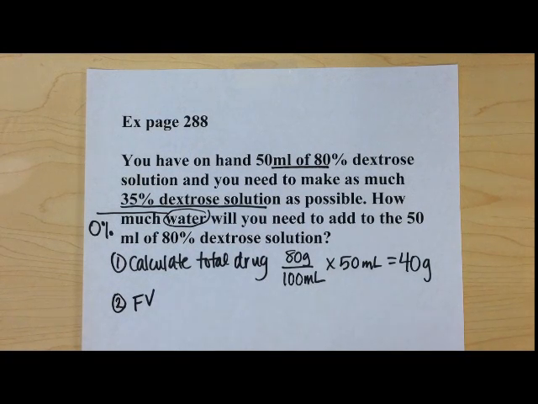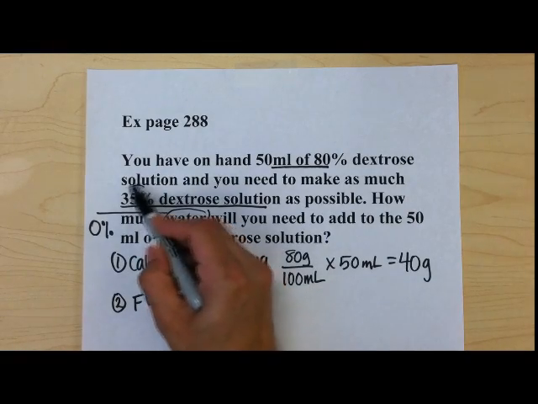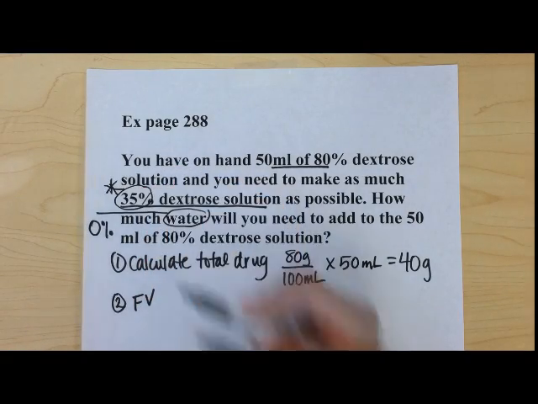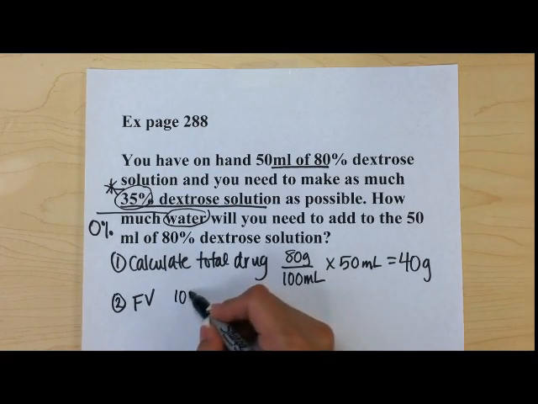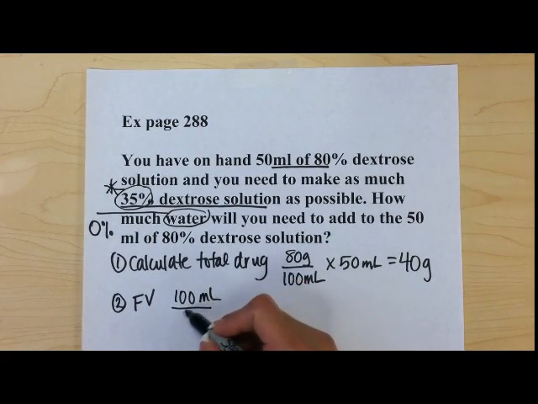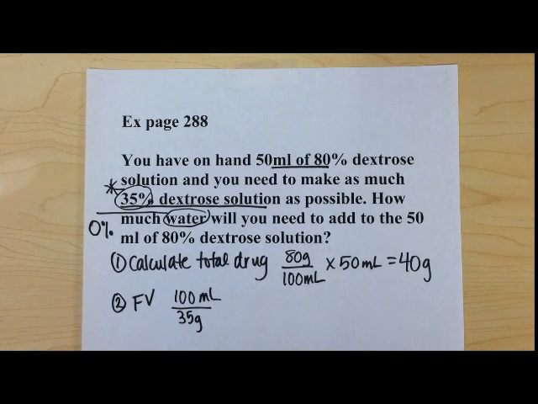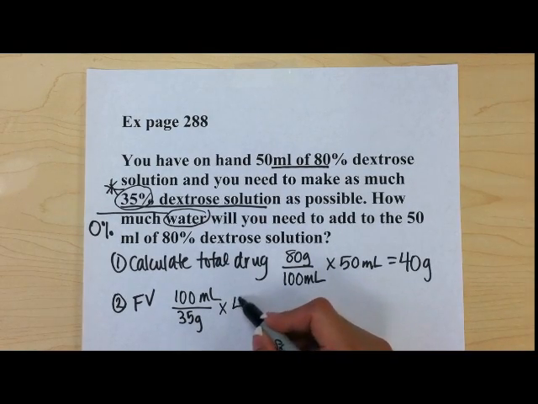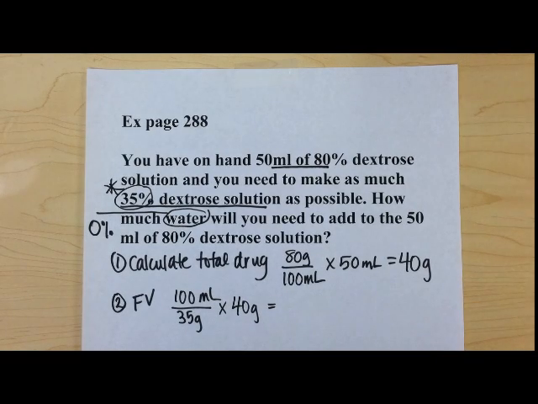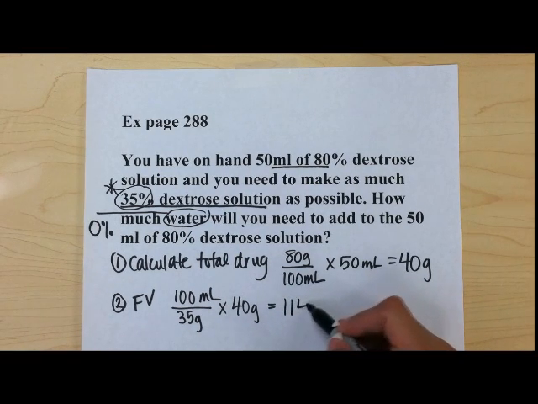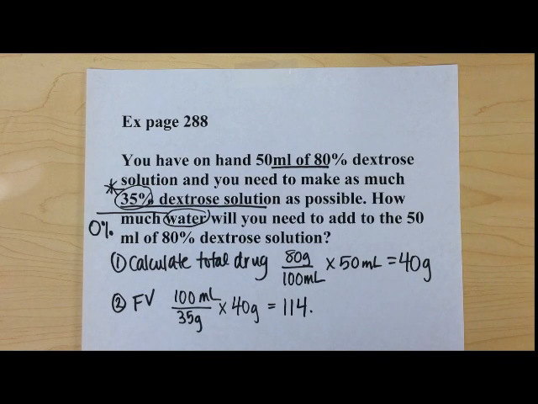I'm going to use the 35% because this is going to be my end product. So I'm going to have 100 mLs over 35 grams, but what I have is 40 grams. You see the grams canceling out, and I'll be left in mLs. 100 divided by 35 and then multiplied by 40 gives us 114.28. You can leave it at 114. This is what the total volume will be.